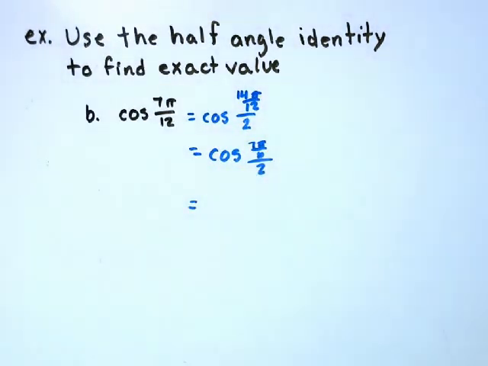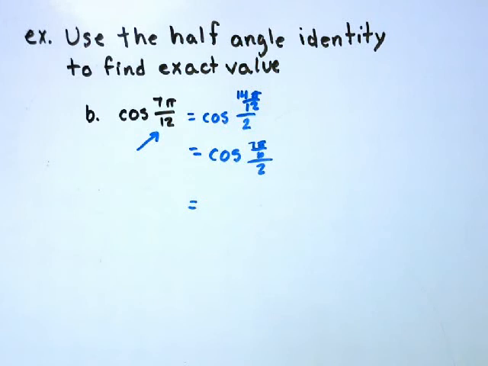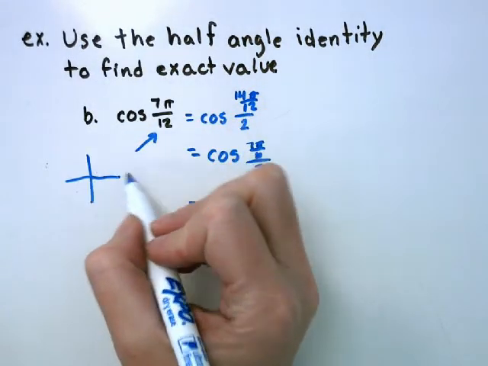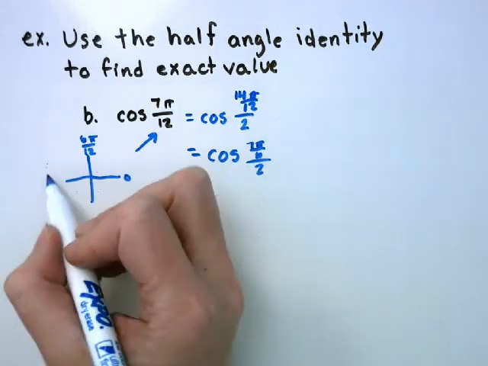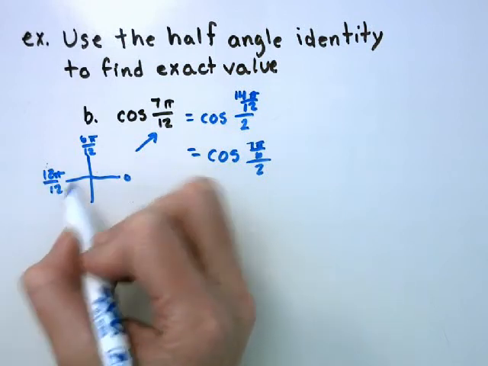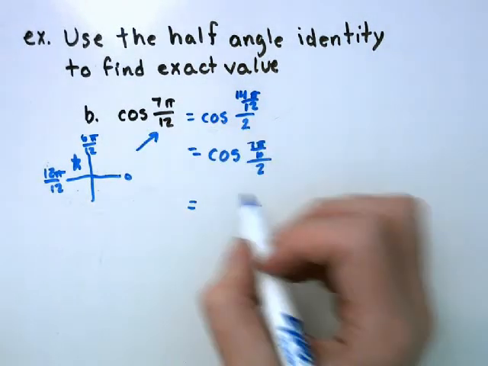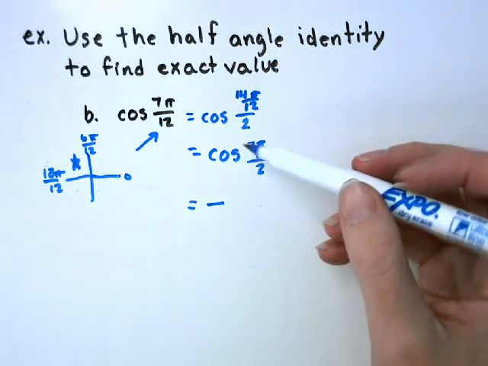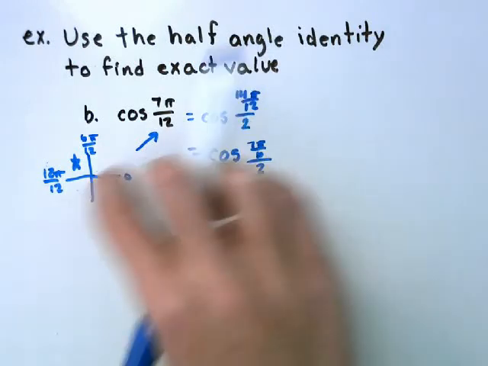All right, so we're going to use the half angle identity, which means we need to decide whether it's positive or negative. And we're interested in this angle. We're taking the cosine of 7 pi over 12. 7 pi over 12, this would be 0. This would be 6 pi over 12. This would be 12 pi over 12. Okay, so 7 is there in the second quadrant, which makes the cosine value negative. 7 pi over 6 is in the third quadrant, but that's not what we're using to determine positive or negative.